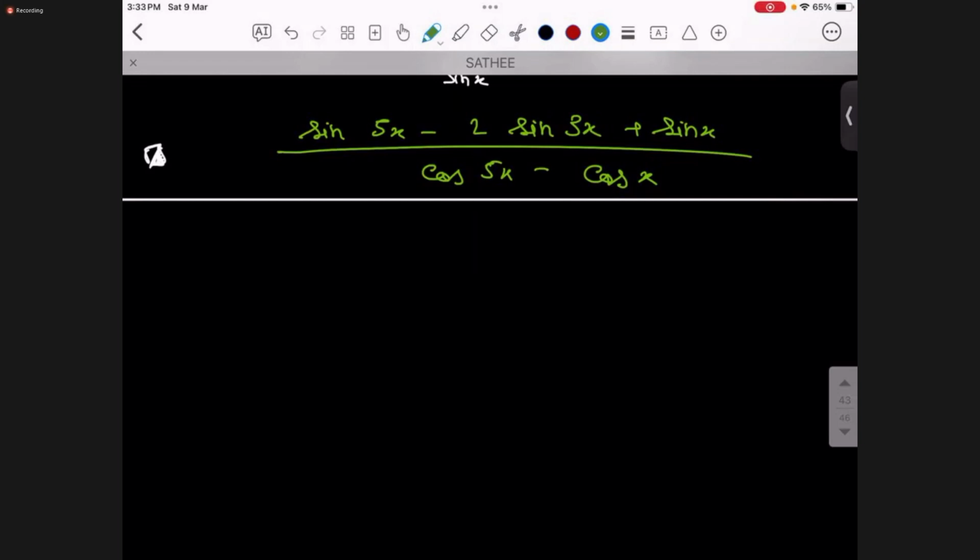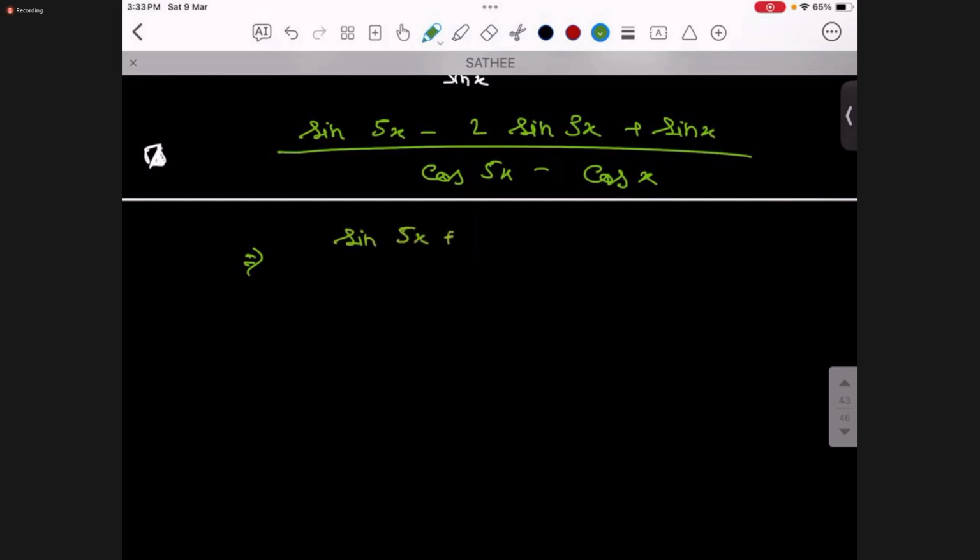Okay. Here we have 2 involved in this case, so I will remove this term first, and we will do some calculation with the other terms. So what will we get?